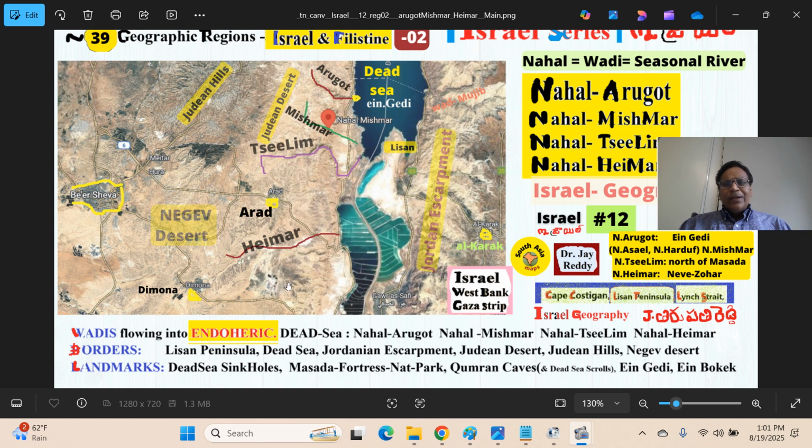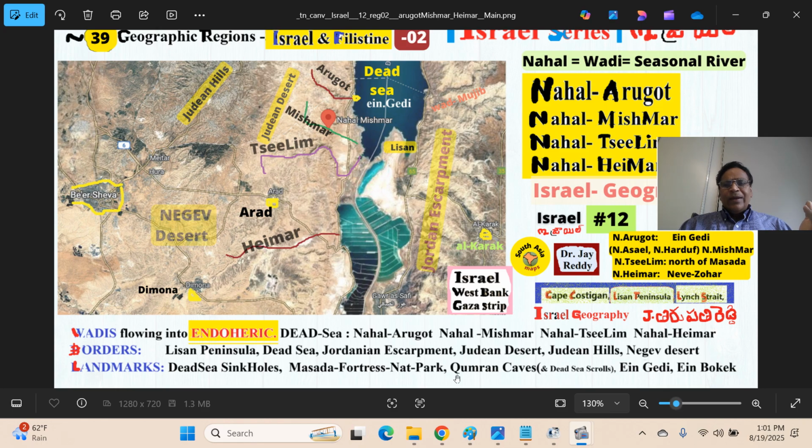That means the transition zone between the Negev region and Negev desert area and the Judean desert is this. Arad town is in the northeastern part of Negev. We can say the Judean desert starts in this area, more or less. And landmarks are the Dead Sea sinkholes and Masada Historic Fort and National Park.